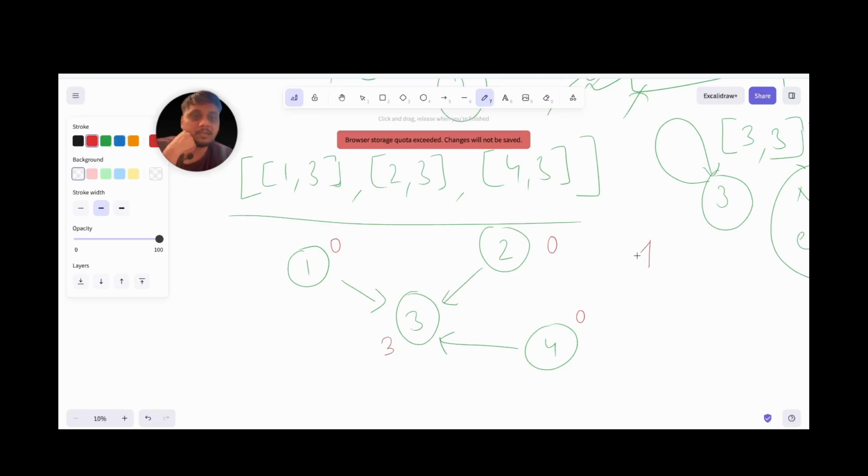And how many total nodes are there? 4. So that means all the nodes except this node itself are pointing towards this node. Hence, this is the town judge.